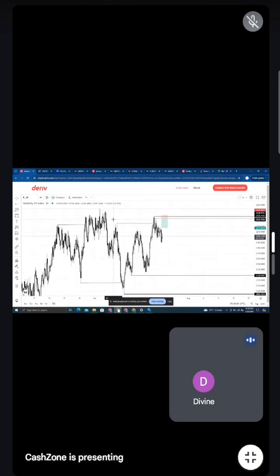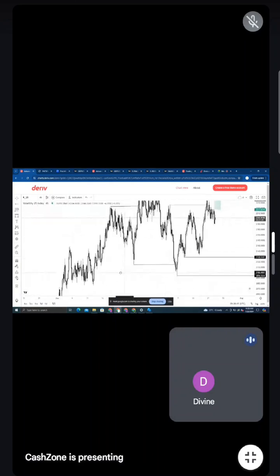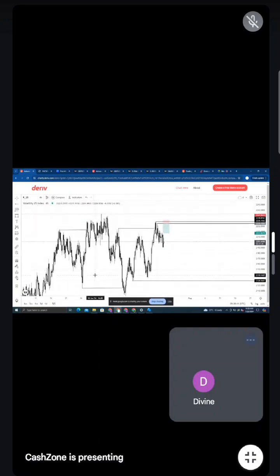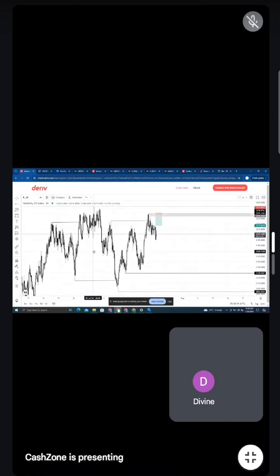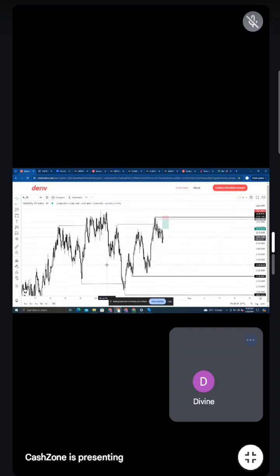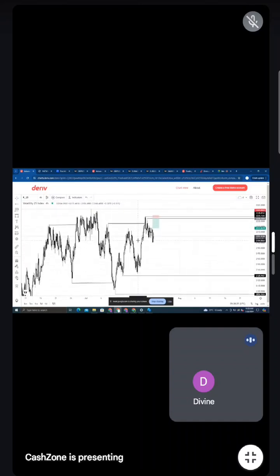So price now tapped into this other block. So what I'm waiting for is this. There was this break of structure right here, and price came back, took it out, and is trying to break structure to the upside.